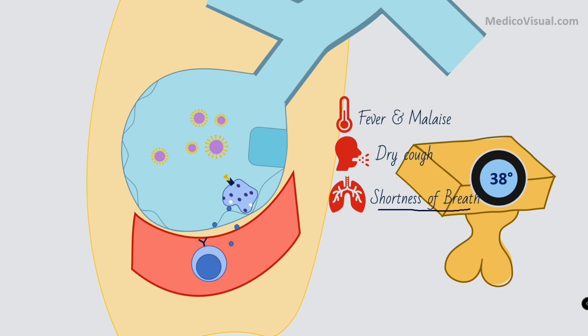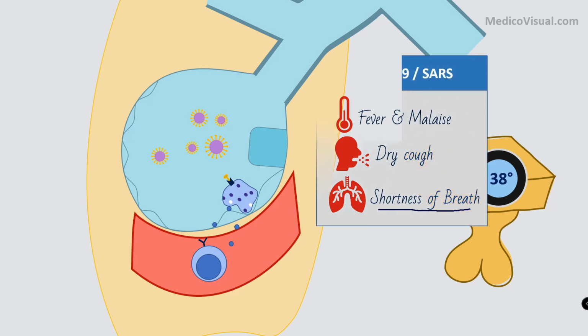Of course, the function of alveoli is to exchange gases, so the exchange of gases will suffer, and there will be shortness of breath. All these are symptoms of atypical pneumonia. And atypical pneumonia, if it is due to SARS coronavirus 2, SARS-CoV-2, is called COVID-19.